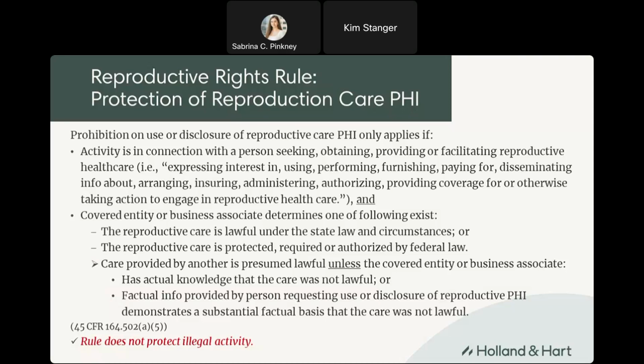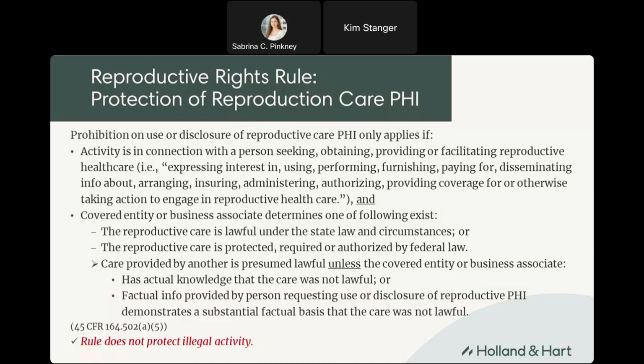Either the reproductive care is lawful under the state law in circumstances where it was received or sought, or the reproductive health care is protected, required, or authorized by federal law. So if the federal law, maybe EMTALA or something else, authorizes that care, then in that situation, that bar takes effect and you can't disclose that.